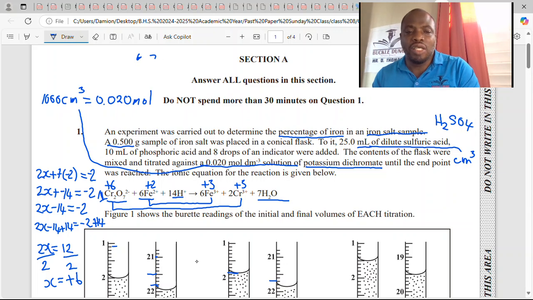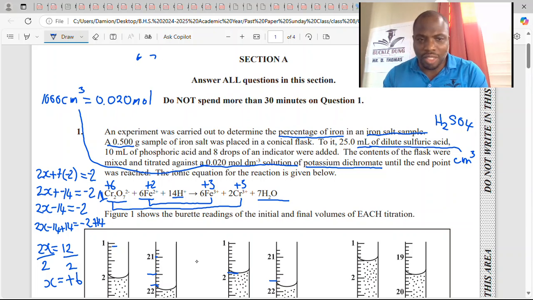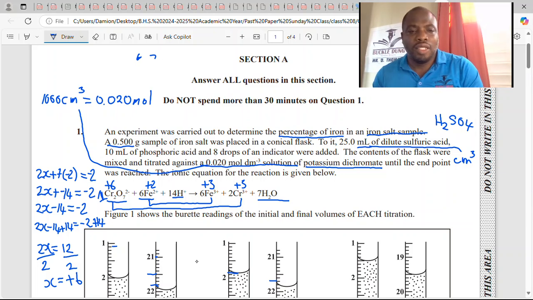So all of it, meaning whatever else was with this salt along with the iron, is present to give you that. So it's like I give you 10 questions and you get 5 correct. If I'm asking you your percentage in terms of mark, how much would you get? 50%.